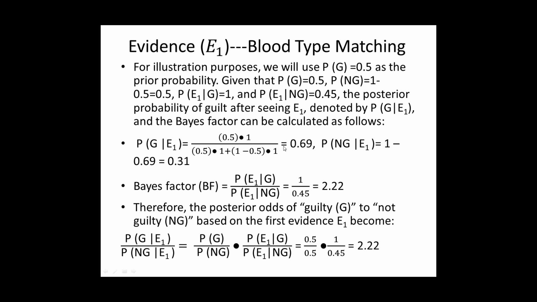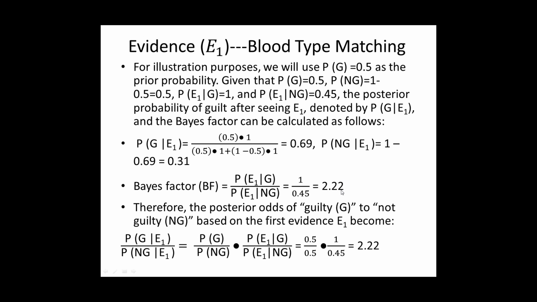In other words, combining the Bayes factor and the prior probability would produce the posterior probability, and at the end of the first evidence, the defendant is 2.2 times more likely to be guilty than not guilty after seeing the evidence E1.